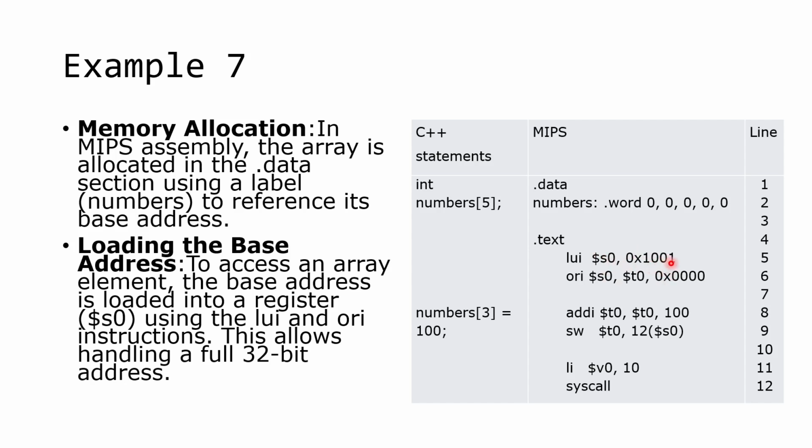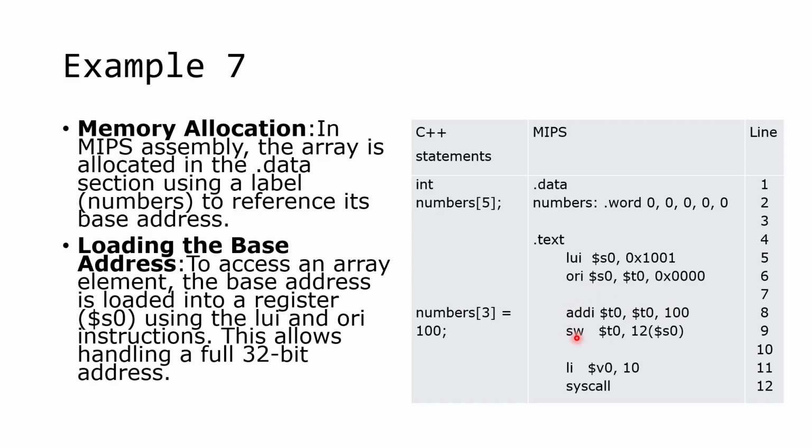Using LUI, you store 1001 and then 0000 as the base address inside $s0. So you need the LUI and ORI instructions, and then you can store the full 32-bit address.